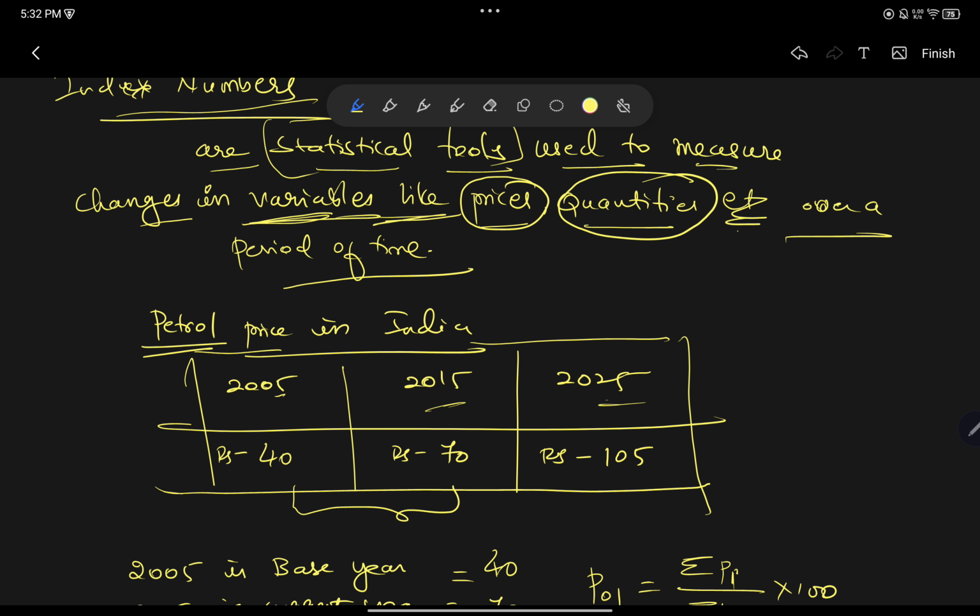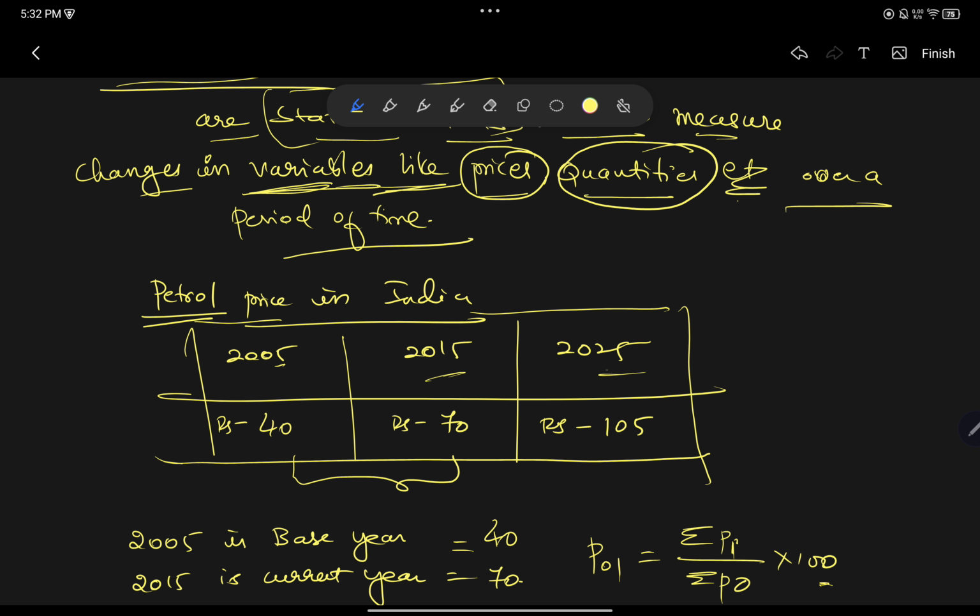So now let's take an example for your better understanding. Let's say the petrol prices in India in the year 2005 was 40 rupees, in the year 2015 was 70 rupees, 2025 was 105 rupees. So here what are you observing? There are at least two years, two prices which we are comparing, right?